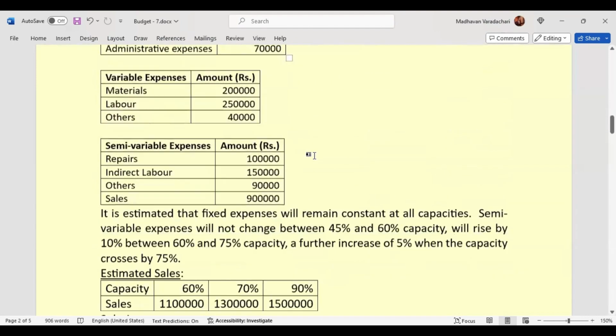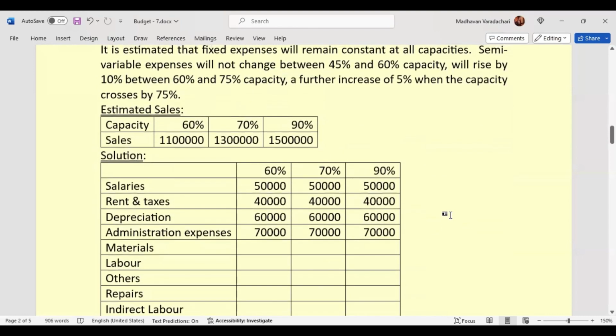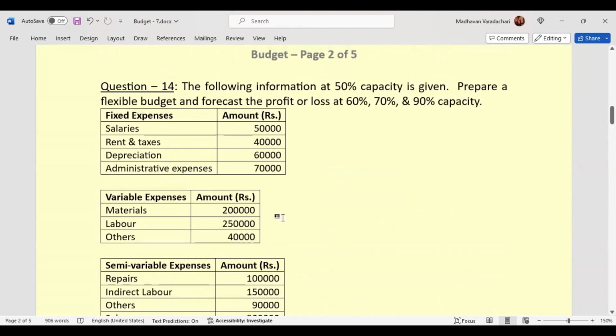All the fixed expenses, we are writing it as it is, same thing, 50,000, 40,000, 60,000, 70,000 in all the capacities. Materials, we may notice here, this is for 50% capacity. That means this 2 lakhs divided by 50%, which means it is 4,000 per percentage.